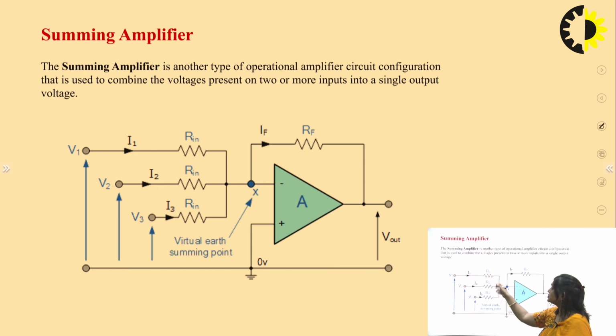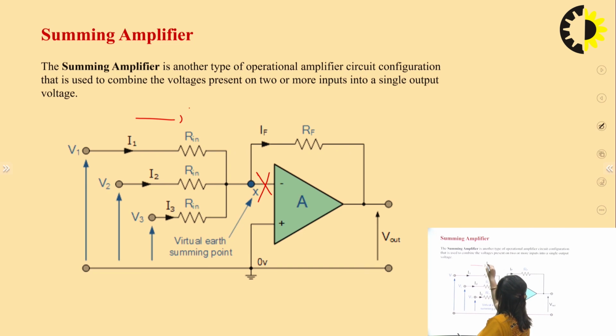If these input voltages were applied at the positive terminal and the inverting terminal were grounded, then it would be a non-inverting amplifier. But here all of the input voltages, that is V1, V2 and V3, are applied at the inverting terminal. In an ideal op amp, it does not draw any current. So here current will be I1, here current will be I2 and here current will be I3.